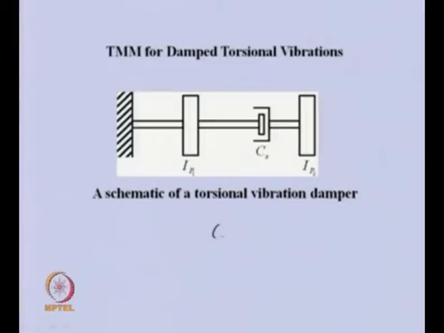So Cs and the relative angular velocities at the two ends, where the dot represents the velocity. So this will be the damping force for this kind of external damper.